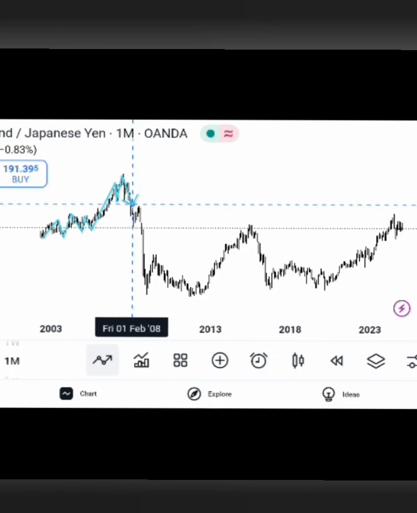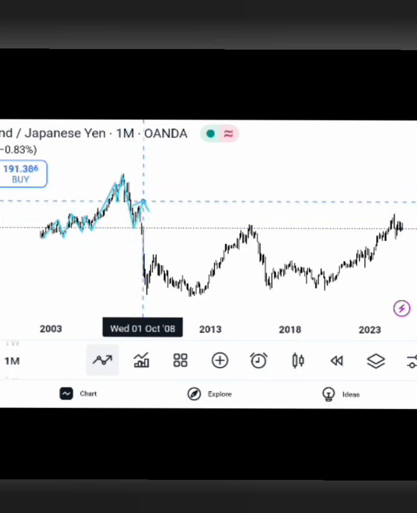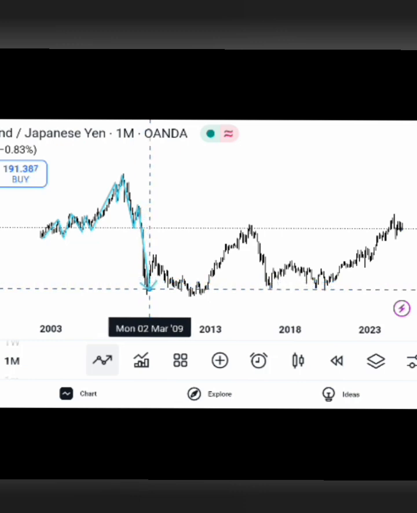It came down here, pulled back, did a retest, then it came down with this momentum, creating inefficiency and all of those things that price does all the time.